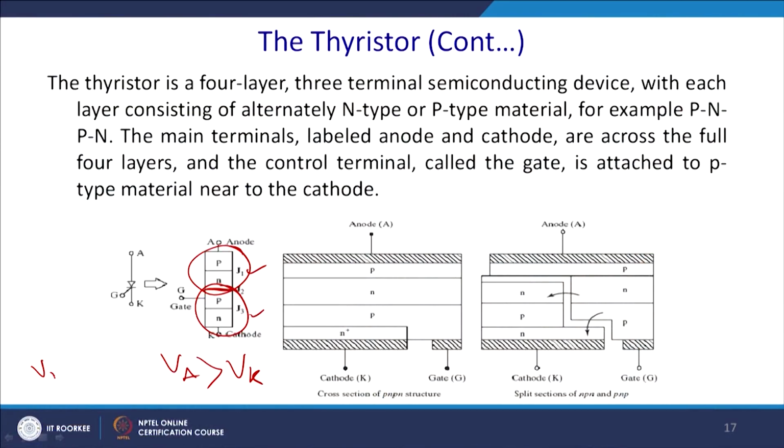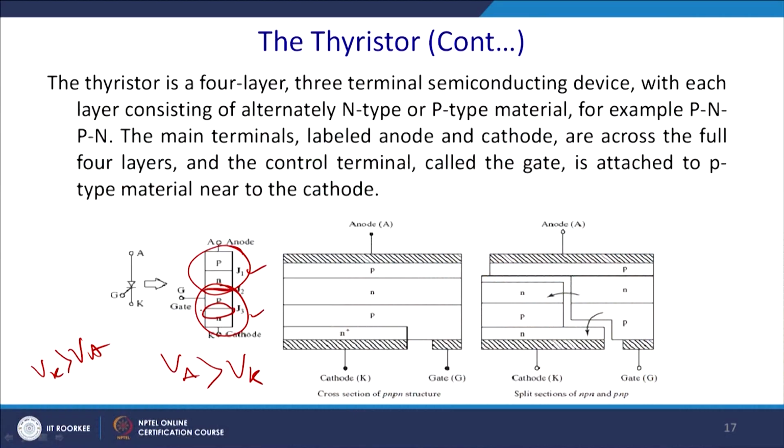Why? If you apply a voltage VA greater than VK, junction J2 is reverse biased, and only leakage current will flow. Similarly, if VK is greater than VA, then naturally J3 and J1 are reverse biased, and it will also be blocked. But you can make it turn on by an external means.